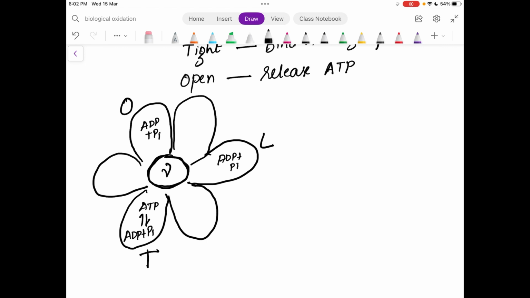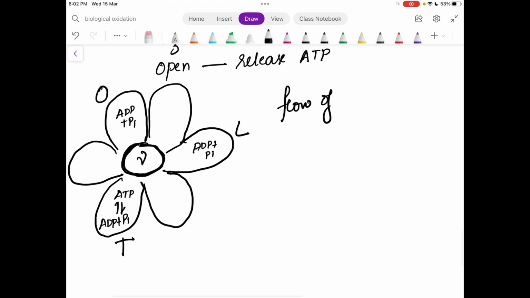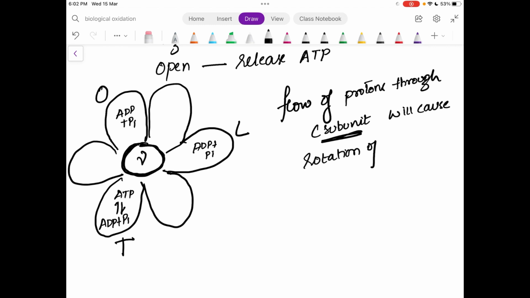The flow of protons through the C subunit of F0 will cause rotation of the gamma subunit.